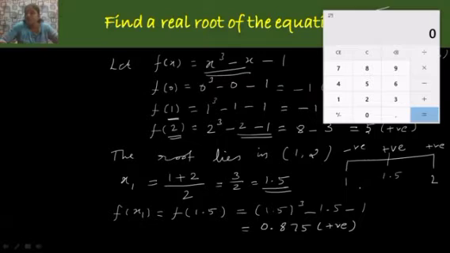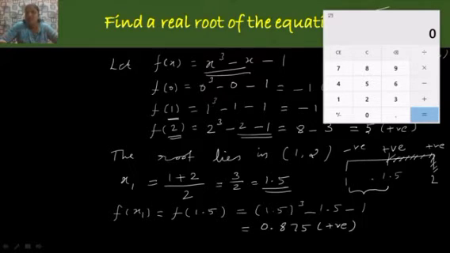So now the root of the given equation lies in the interval 1 to 1.5, isn't it? Because there is a change of sign here, negative to positive. Here it is positive, positive, which means you omit this extra part. So the length of the interval now reduces from 1 to 2 to 1 to 1.5.